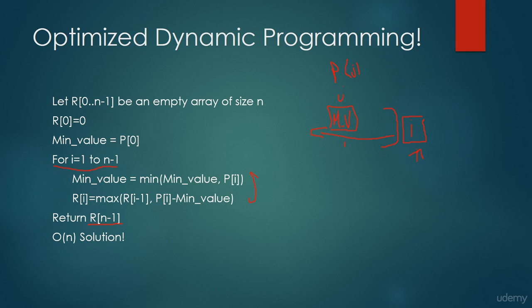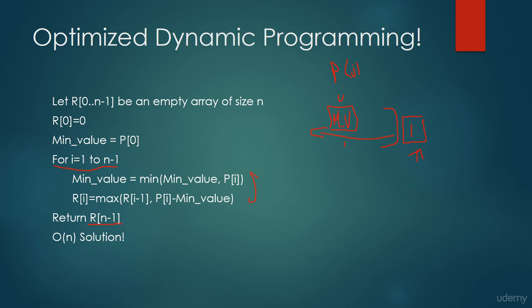The naive way was actually an O(n) squared solution, and it looked like O(n) squared was the best we can do, but suddenly we noticed this observation about the minimum value, about the second loop that we were doing, and we said, hold on a second, why do we have to go all the way back to 0 to check for the minimum value? We can just keep updating the minimum value as we go. And this observation is what took our solution from an O(n) squared solution to an O(n) solution, which is the optimal way you can solve this problem.